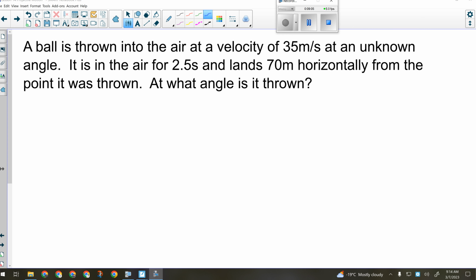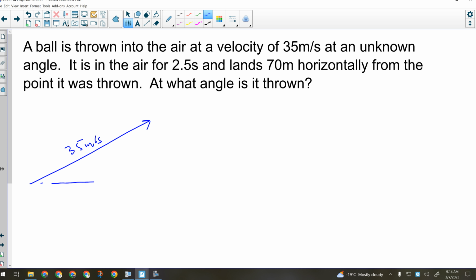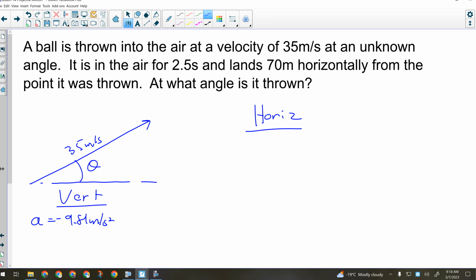So we know the object is thrown into the air at 35 meters per second at an unknown angle. So we don't know what theta is. From a vertical perspective, I know very little other than A. But horizontally, they tell me two things that can be very useful.